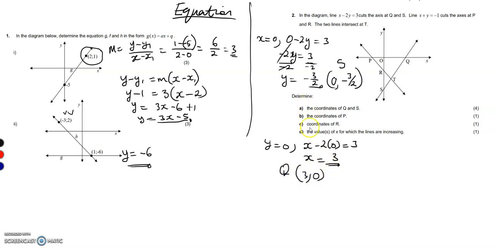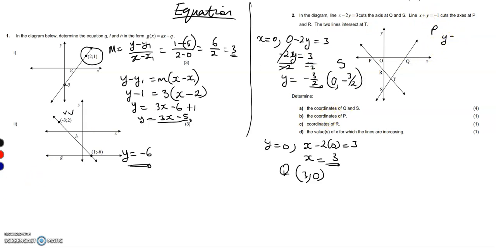Okay. Now, let's look at the next question. Calculate the coordinates of P. P, where is P? It's the x-intercept of this one here. So we are looking for P. Sorry about that.